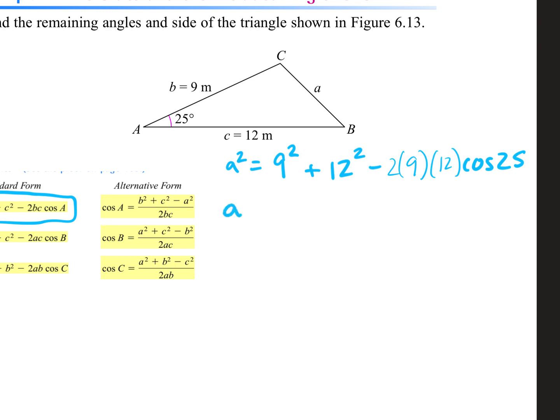So we should get 29.237. Is that my answer? Do you think this is my final answer for A? What do I have to do? Square root both sides. So we have to square root both sides. So we get A is equal to 5.4.